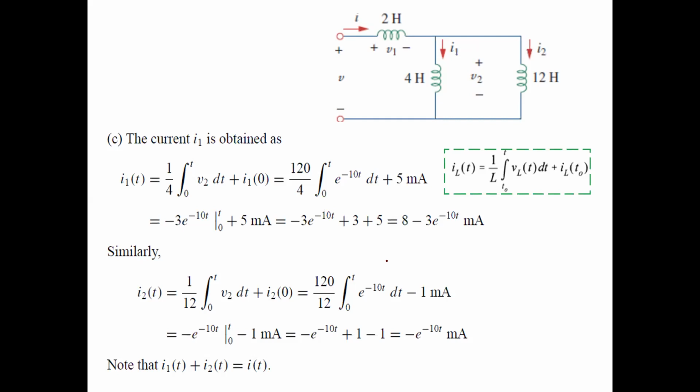We were able to find the voltage through an inductor if the current was given, and the current through an inductor if the voltage was given. Similarly, we were able to find the equivalent inductance if inductors were connected in series or in parallel. And then at the end, we were able to find the different voltages and currents of a circuit containing both elements at the same time, which are called hybrid circuits.